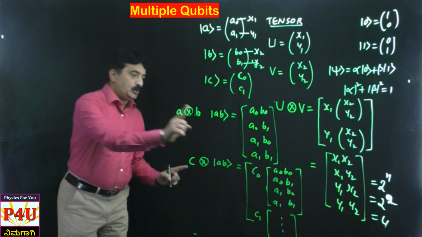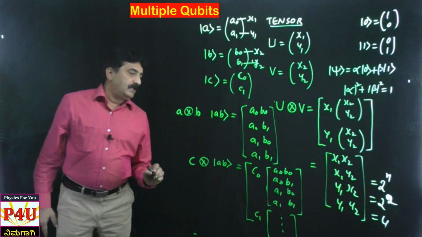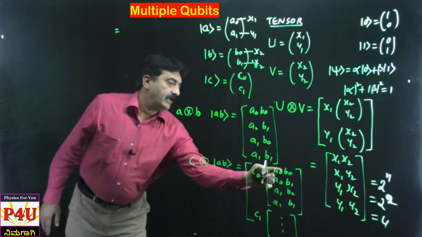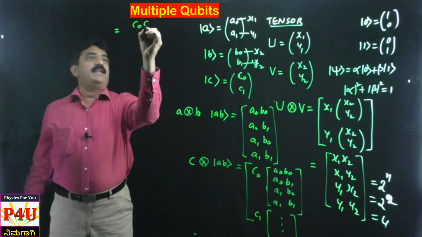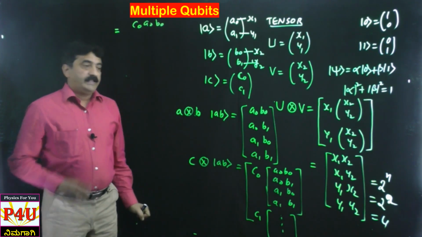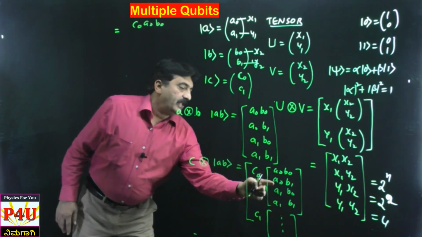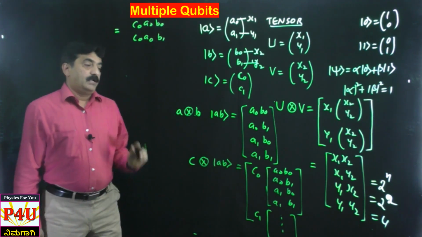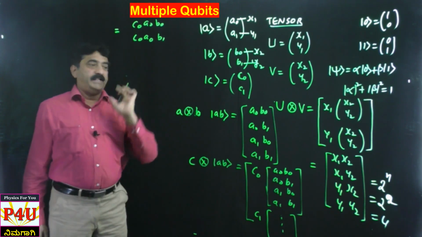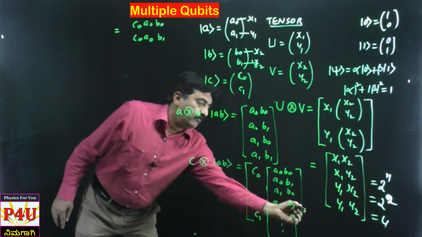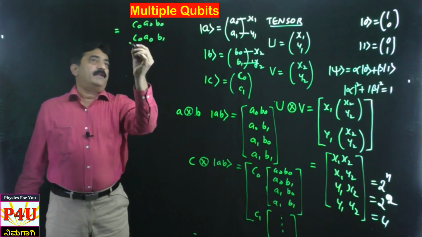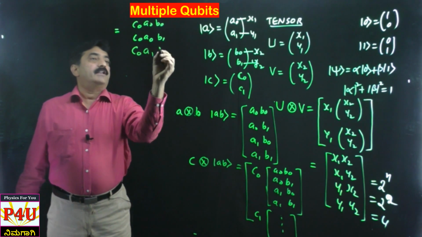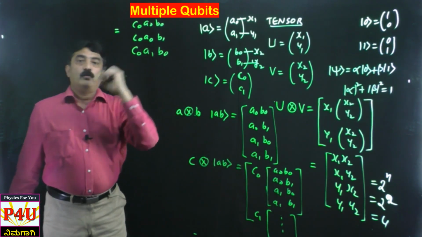Then if you do the calculation, what will be the final answer? I write the final answer here. Yes, it is C0 A0 B0, C0 A0 B1, C0 A1 B0, C0 A1 B1. Now tell me how many elements you are going to get. Yes, 1, 2, 3, 4. Right, I hope you are following.